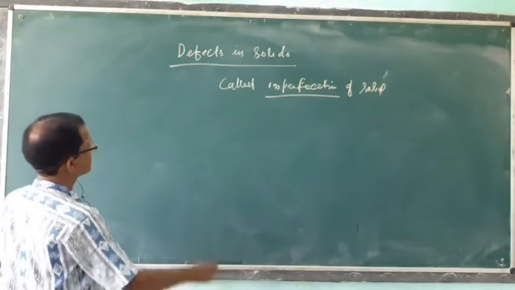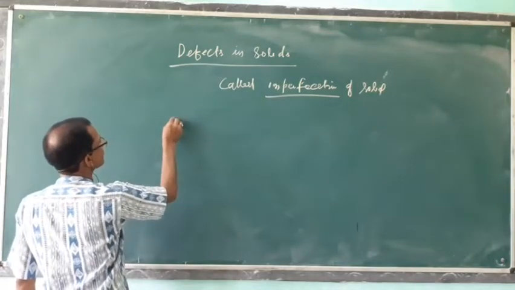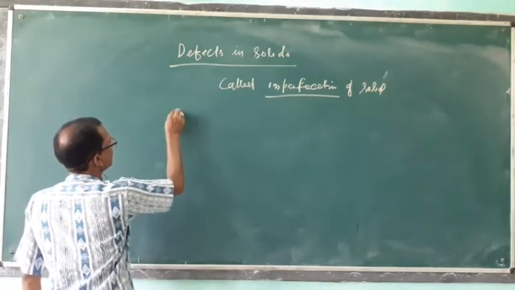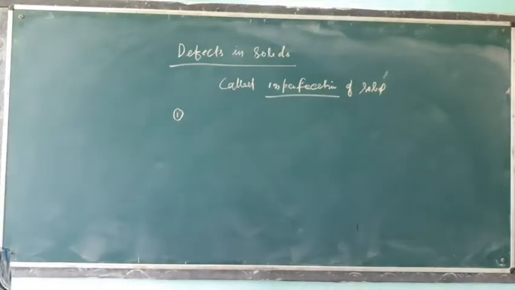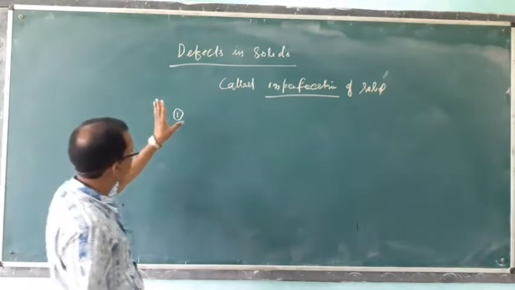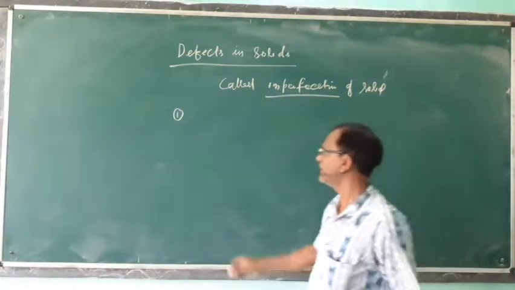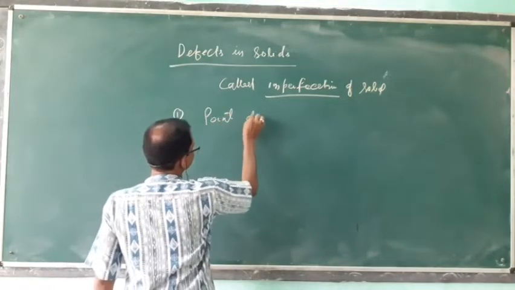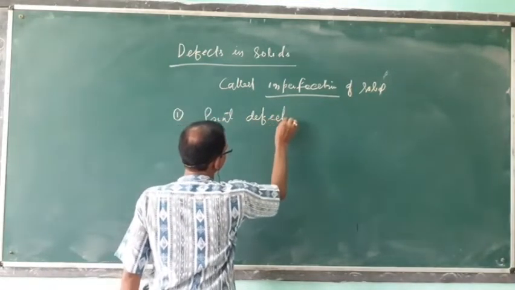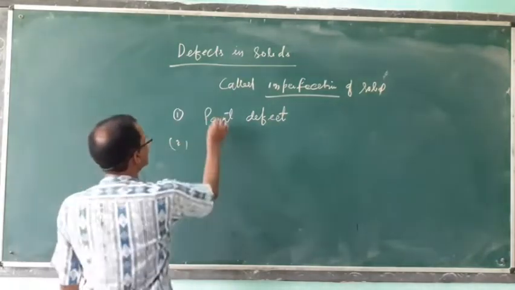Generally, defects are of two types. One is called point defect. Second one is called line defect.